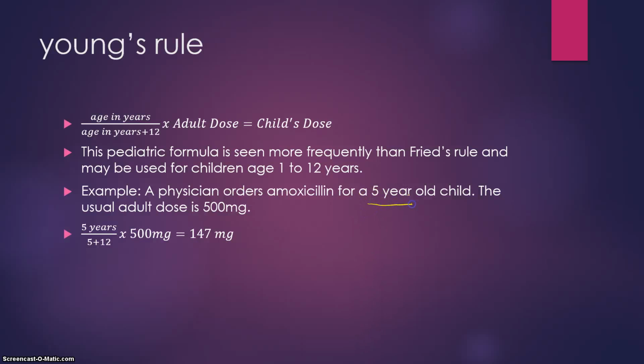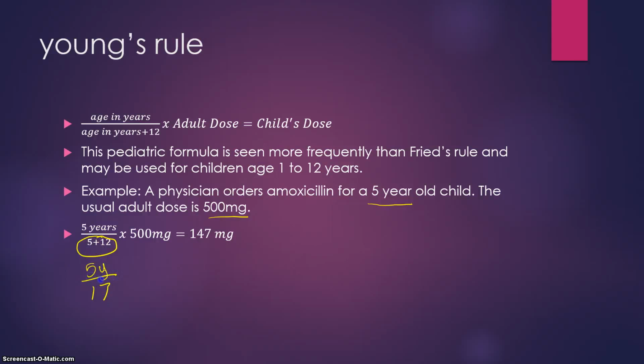So we plug these numbers into our formula for Young's rule. 5 years of age is the child's age in years, and the adult dose is 500 milligrams. When we write out the problem, we write 5 years at the top, and at the bottom 5 plus 12. When you go to solve it, you add up the bottom first, which is 5 plus 12, is what? 17, right?